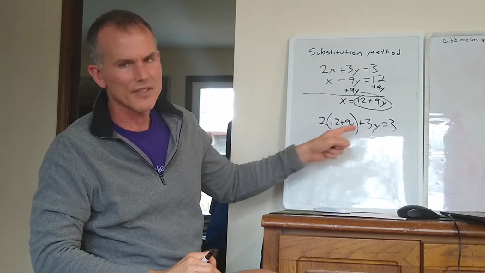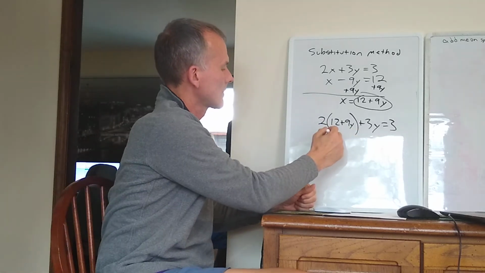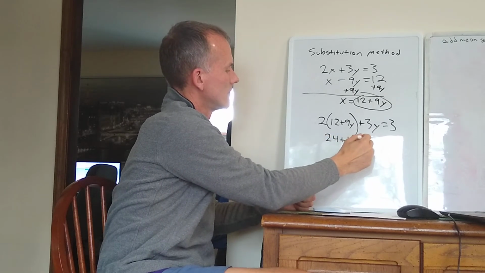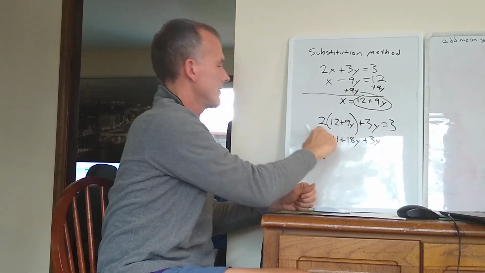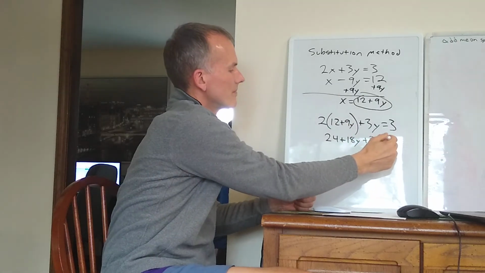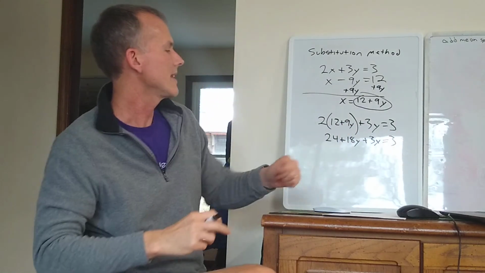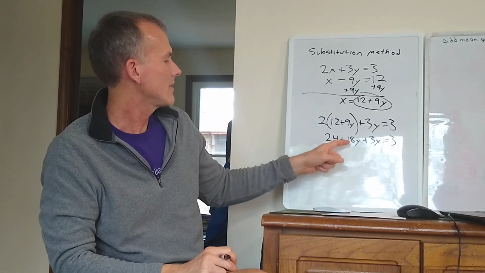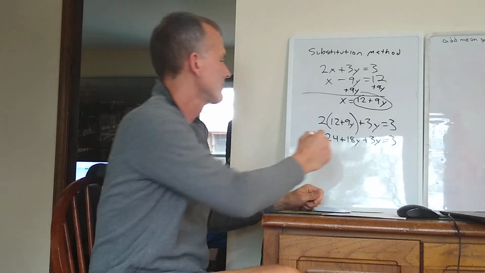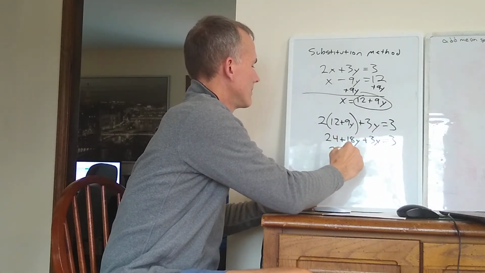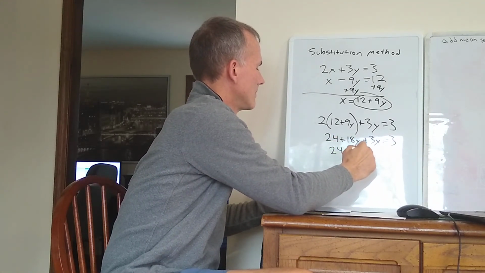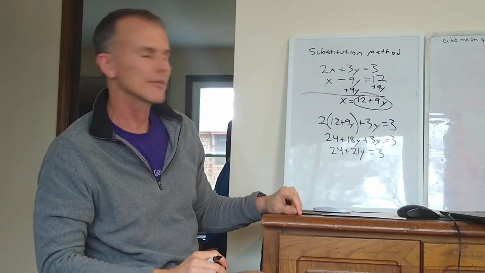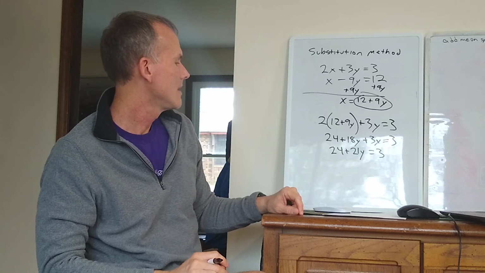Okay, so I'm going to solve this equation for y. Notice I distributed the 2 through the parentheses. Next, I'm going to combine like terms. I have a y term here and a y term here. So I combine the 18y and the 3y to make 21y.